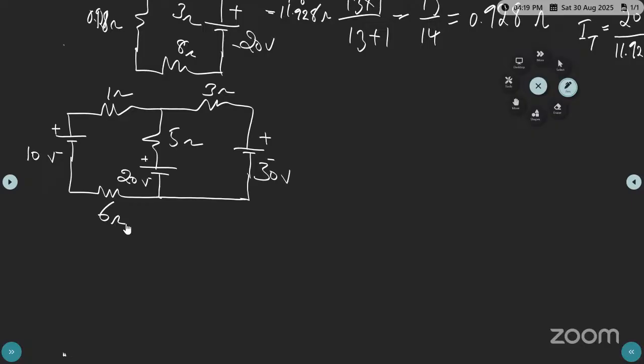The question is here: calculate the current through the 5 ohm resistor by using mesh analysis.